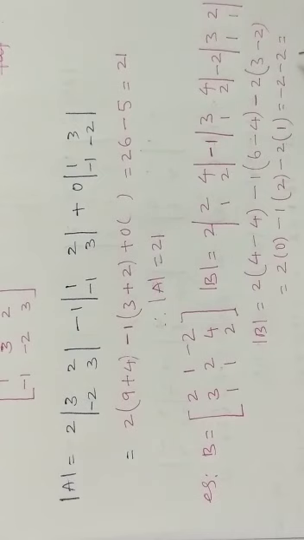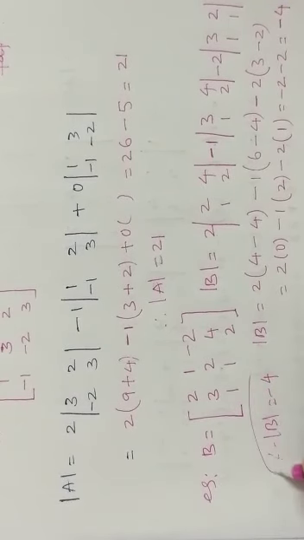So, minus 2, minus 2, minus 4. So, det B, how much? Minus 4. Therefore, det B equal to minus 4.